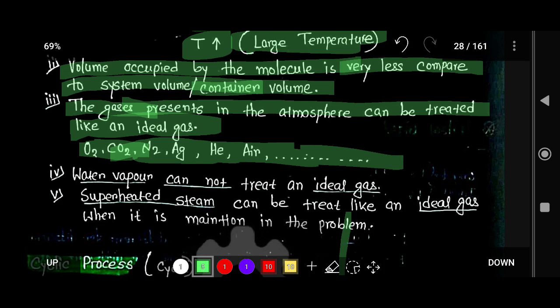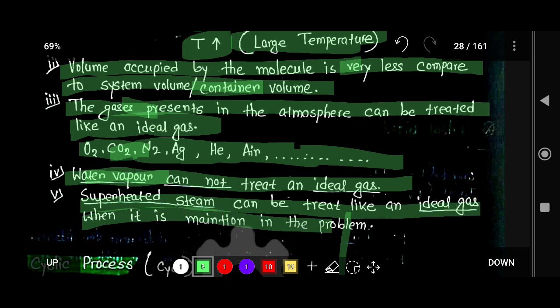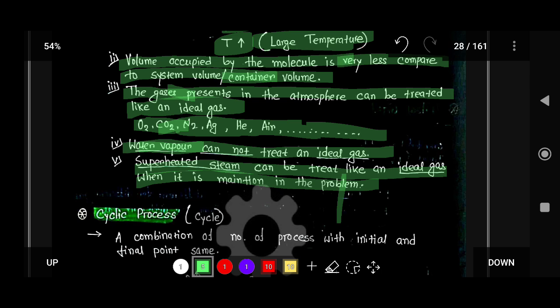Water vapor cannot be treated as an ideal gas, and superheated steam can be treated like an ideal gas when it is mentioned in the problem. So remember this data on ideal gas. This is very important for ideal gas.